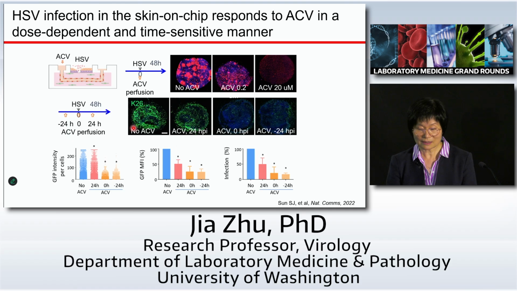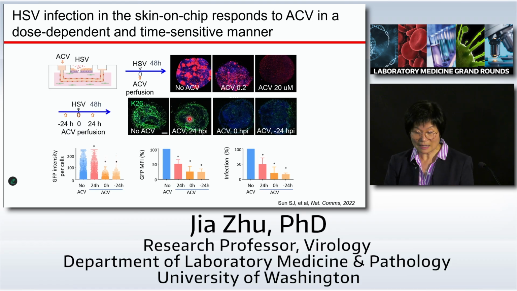and we also test the timing of acyclovir treatment. So here you can see perfusion of acyclovir 24 hours after the initial HSV infection, which is usually the case when we treat herpes, right, after the outbreak.